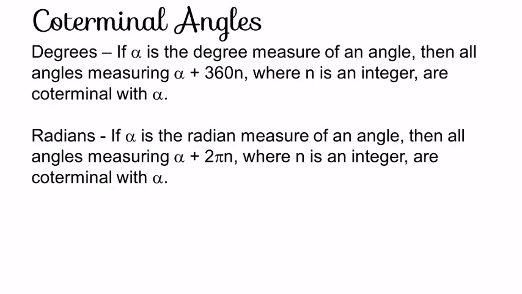In radians, if alpha is a radian measure, then all angles measuring alpha plus 2 pi n, where n is an integer, are coterminal with A, or alpha also. So same thing, since 360 degrees is equivalent to 2 pi in radians, I can add 2 pi infinitely or subtract 2 pi infinitely to come up with other coterminal angles with the angle that we're given.